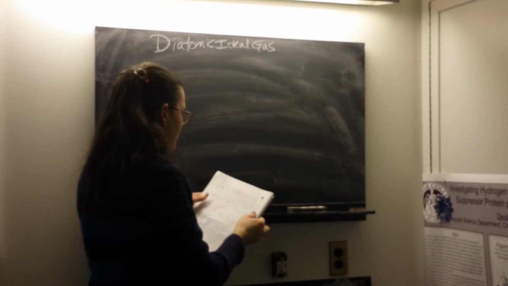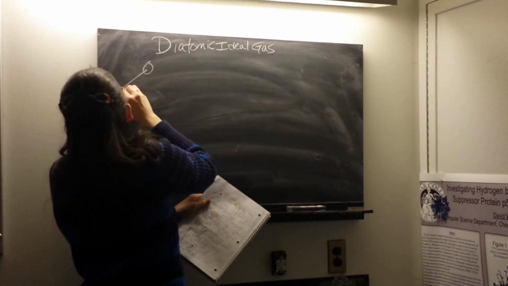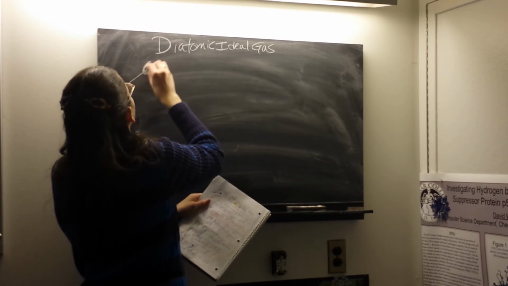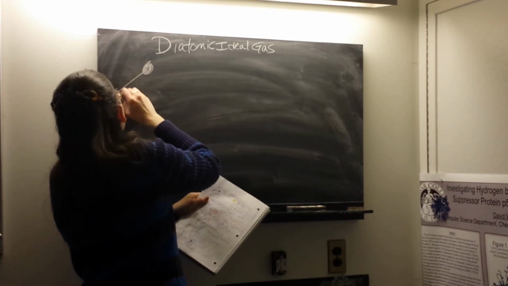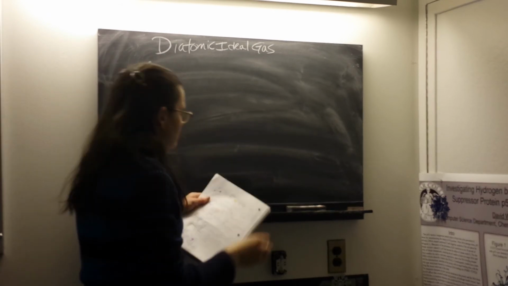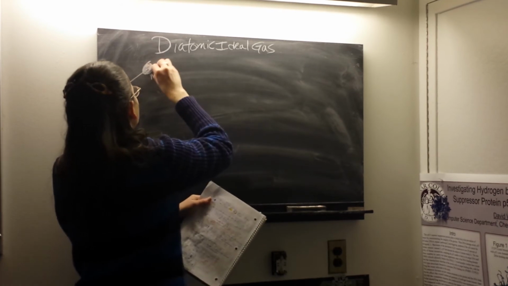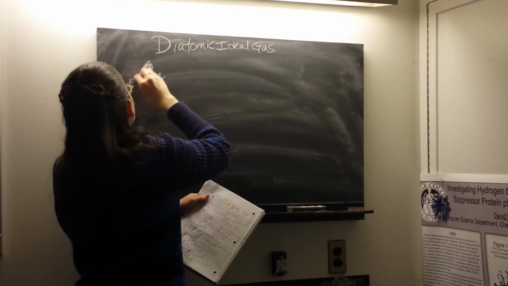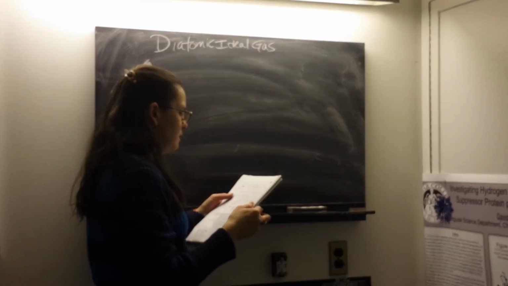Alright, so the diatomic ideal gas looks like this. Okay, and these are going to have two masses, so we have M1 and M2. The masses are not necessarily having the same value, that's why they're labeled separately. And they're actually going to be connected by a spring, so I'm going to put a little spring there.